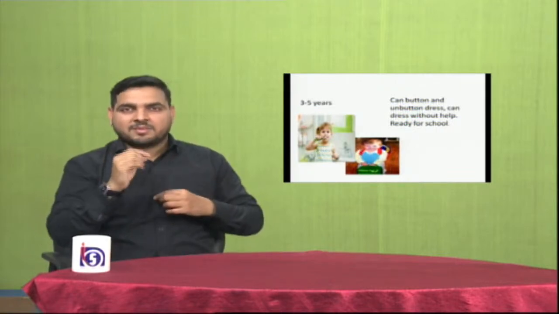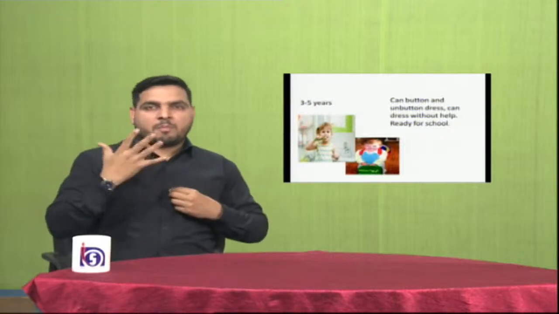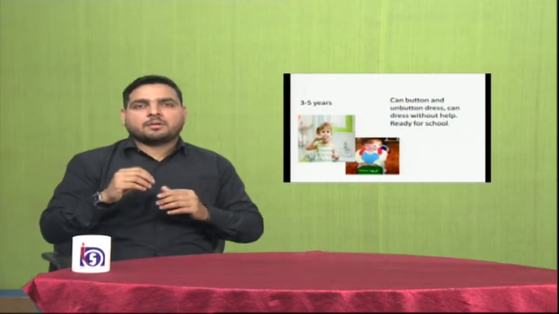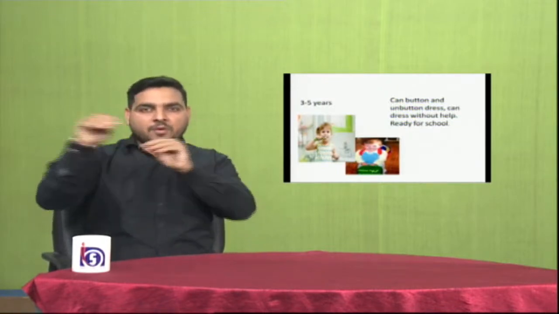Three to 5 years, the kid can button an unbuttoned dress, can dress without help, and get ready for school.